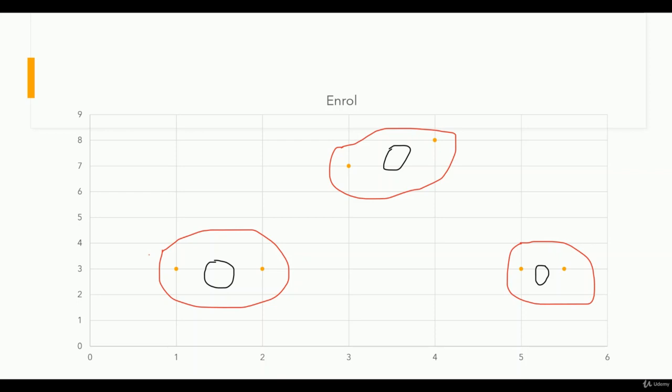So the value of k should be the mean for both the yellow values, that is, both the values of the data we have, and based on this data we're going to predict the values.